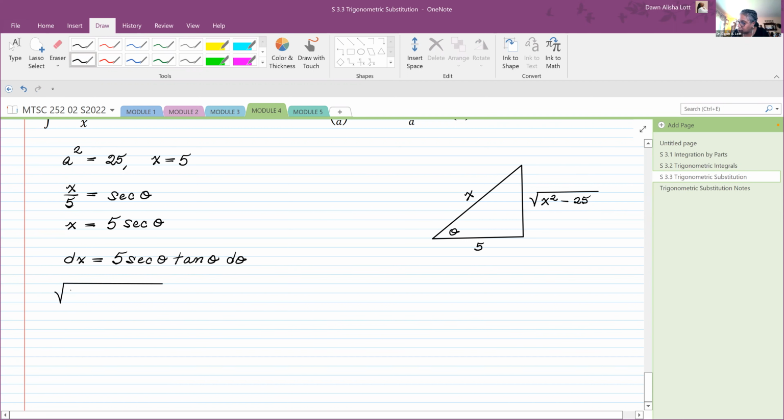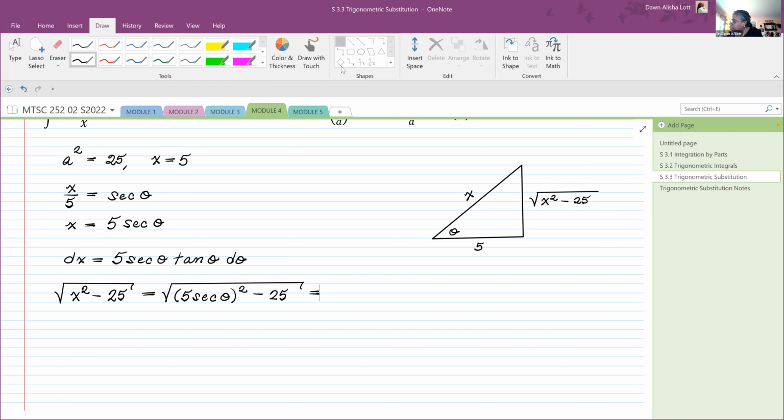Okay, so this is 5. Oh, what am I doing? The square root of x squared minus 25 is equal to the square root of 5 times the secant of theta, squared, minus 25.